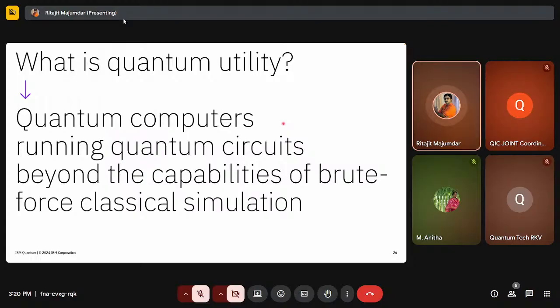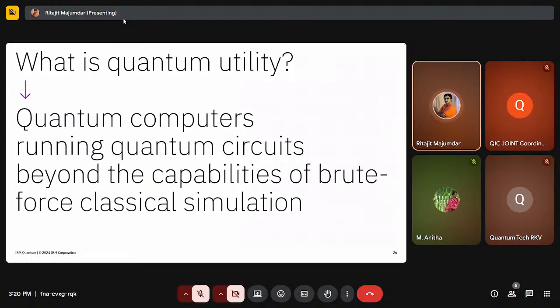So we are at a point where you can run quantum circuits reliably, even with some noise coming in, beyond what these classical simulations can.